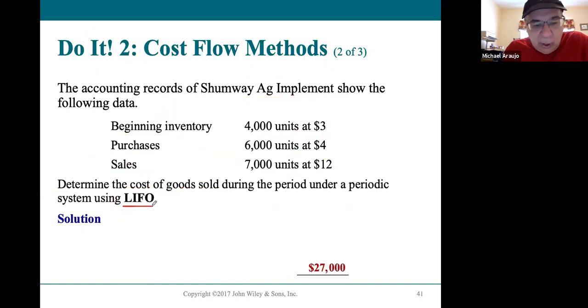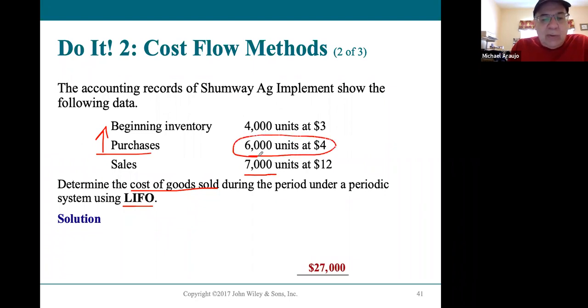Under LIFO, they want to know the same question, the cost of goods sold under LIFO. Well, under LIFO, the last one in is the first one out. So the last ones in were the purchases of 6,000. So of the 7,000 units that we sold, 6,000 went first, because under LIFO, the last ones in are the first ones out.